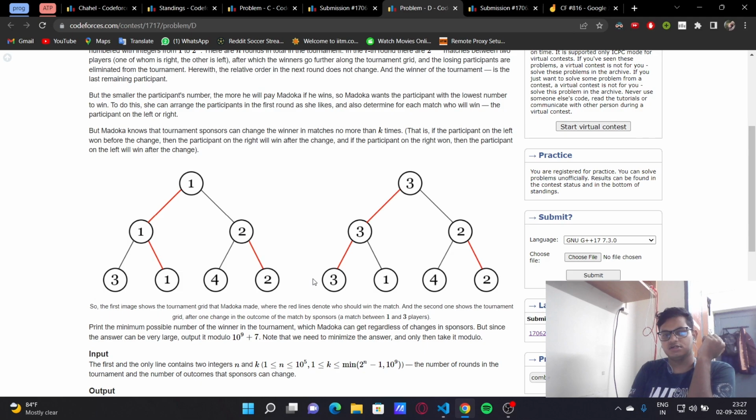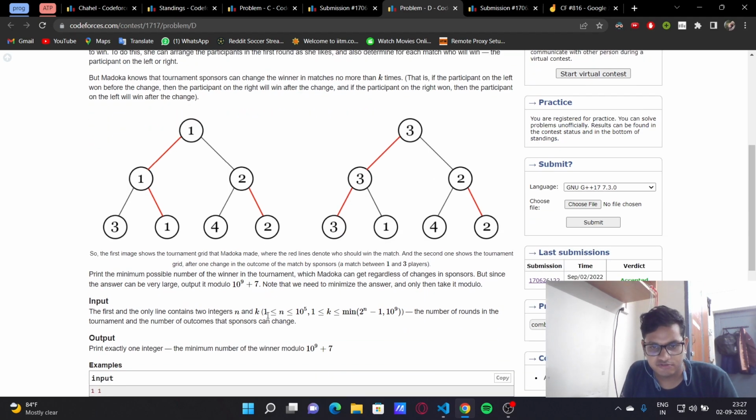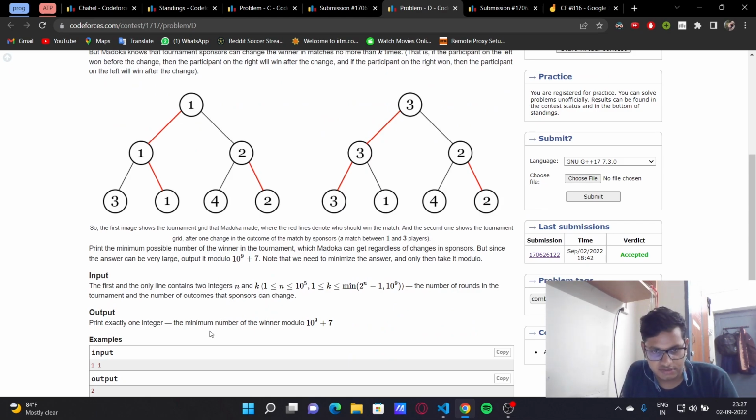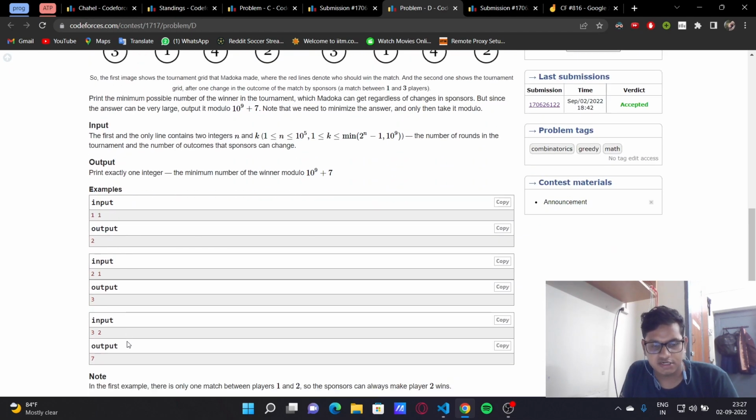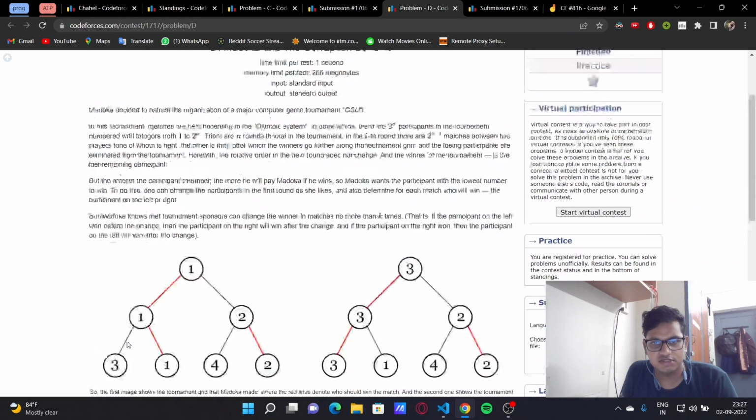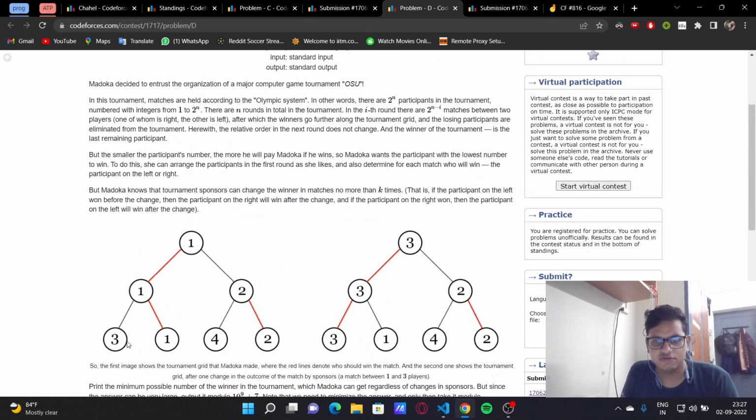Say we do 0 changes, then 1 will win because we are playing optimally. So in that case, we'll output 1, and that's what we have to output. So we'll be given n and k, and then we need to try out the test cases. We'll first try out the test cases, and then we'll see what logic we can come up with.